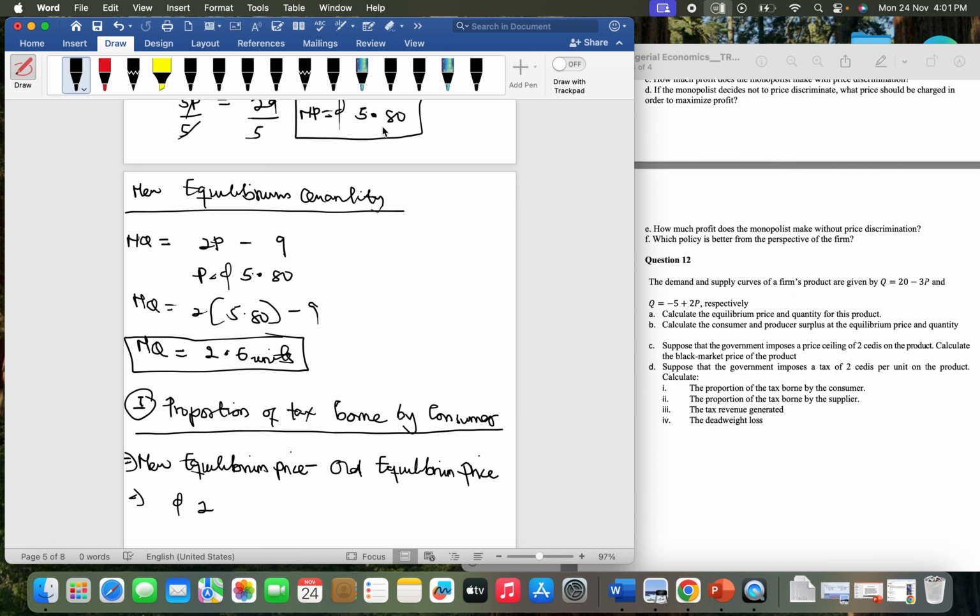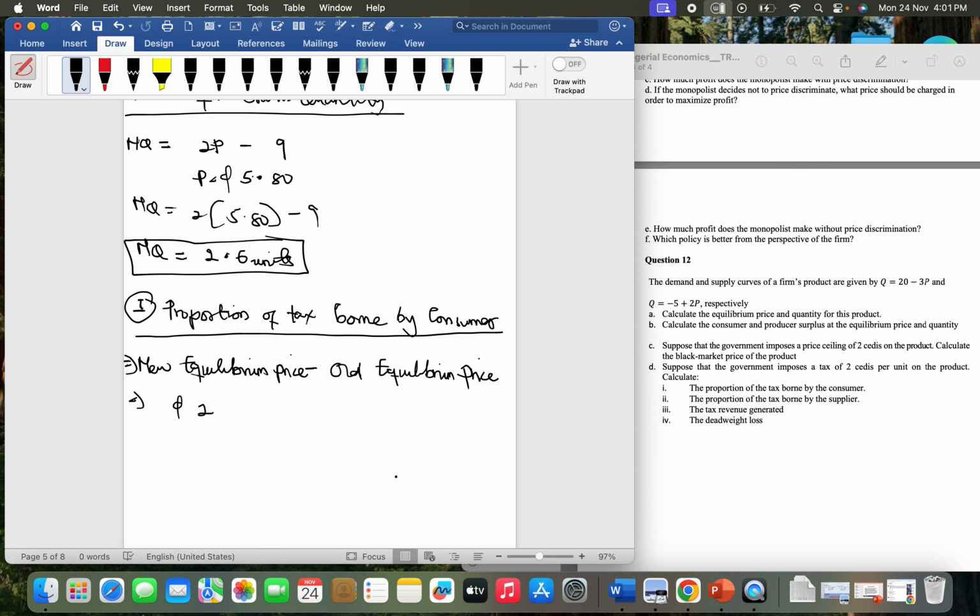So this is it, 5.80, minus the old equilibrium price.